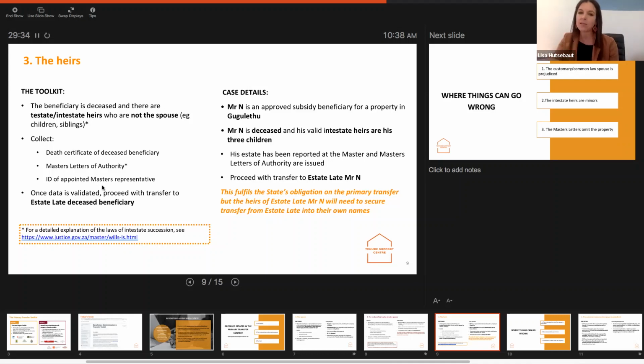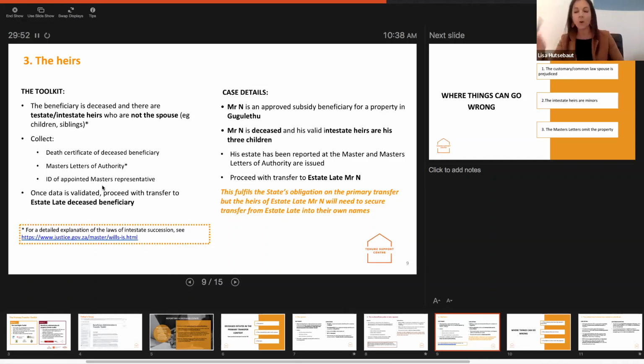And then usually at the same time, a burial order will be issued to say that this person is in fact deceased and you can proceed to bury them. So as long as the person has those two documents, they can still go and report that person as deceased at Home Affairs.